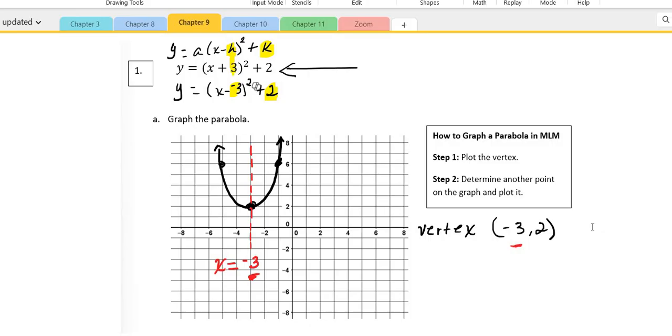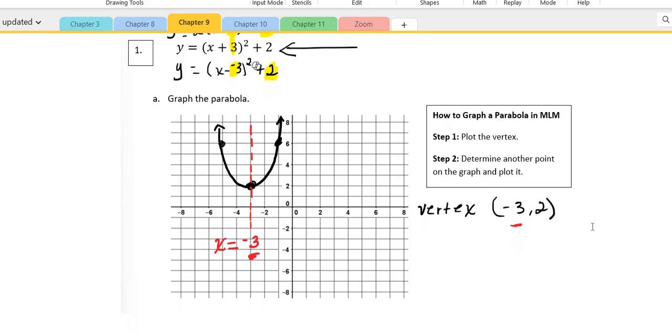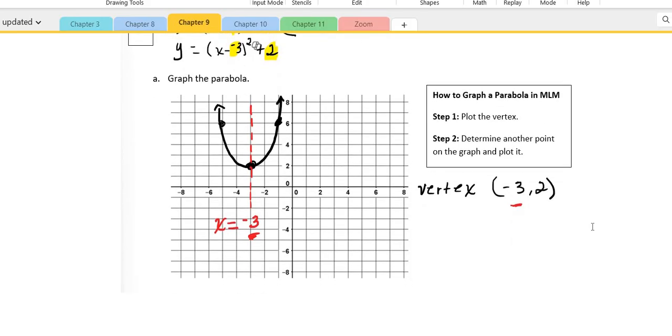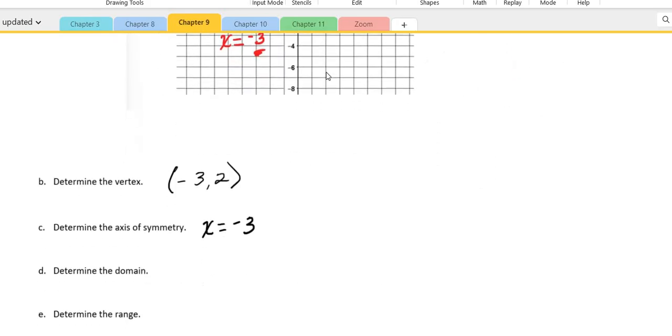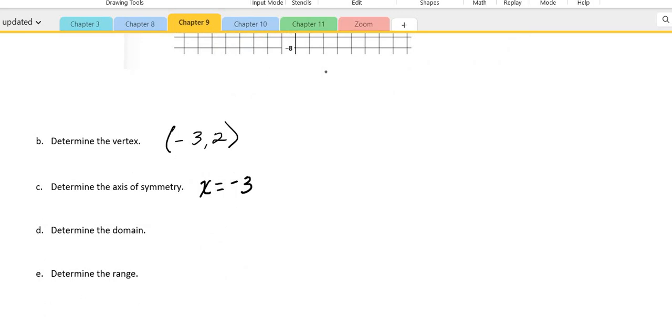So my domain is going to be from negative infinity to positive infinity. And I can also figure out the domain by looking at the graph. My graph is going up and then forever wider toward the left and right. So again, forever negative infinity and then toward positive infinity.